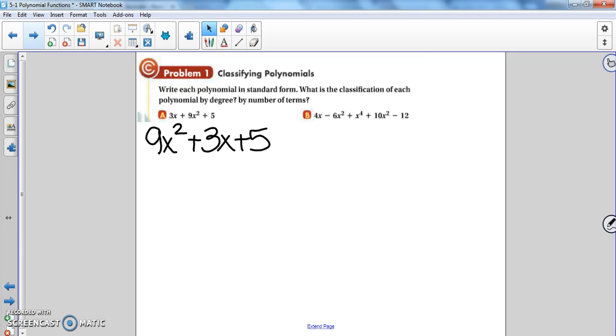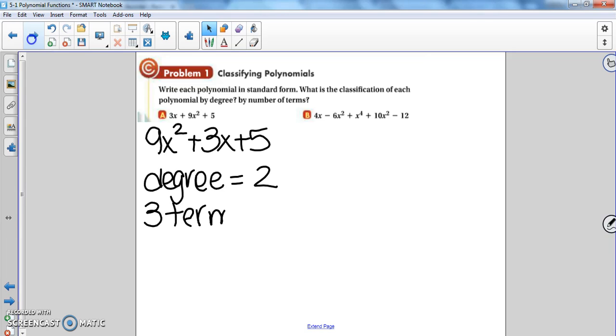The polynomial has a degree of 2, because that's the highest exponent, and it's 3 terms. So this is also called a quadratic.